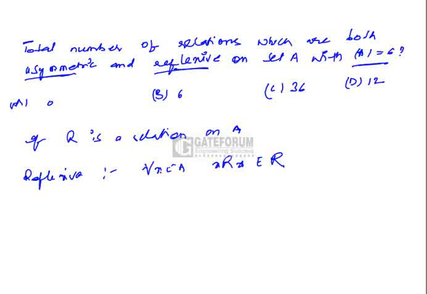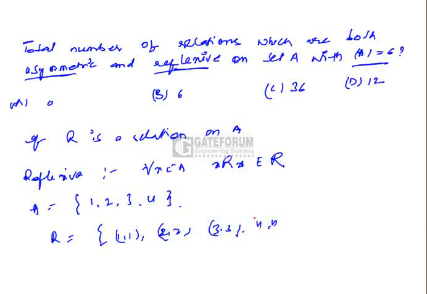That means all the diagonal elements should be present. For example, if A is the set with 1, 2, 3, 4, and R is reflexive, then R should contain 1 to 1, 2 to 2, 3 to 3, 4 to 4. Minimum means R should contain at least these values. These values are a must in the reflexive relation.